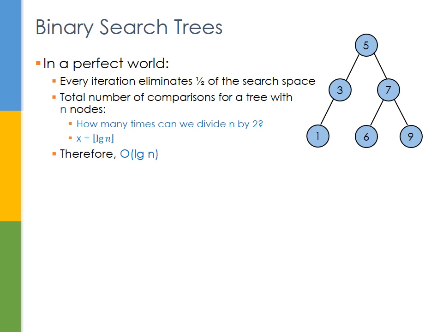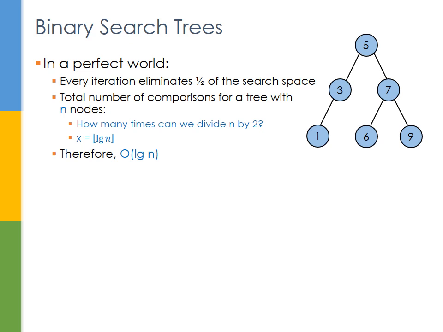So what this then means is that if we have n nodes within our tree, then the number of steps is defined by how many times we can divide the full search space, defined by all of the values in the tree, by 2.